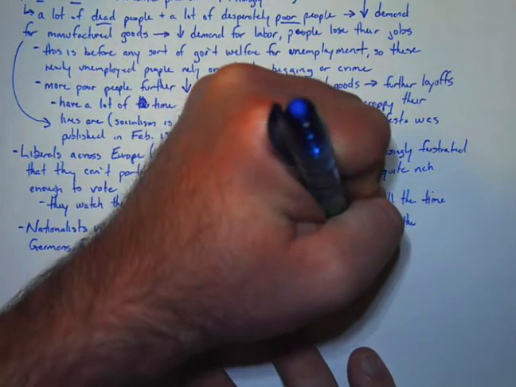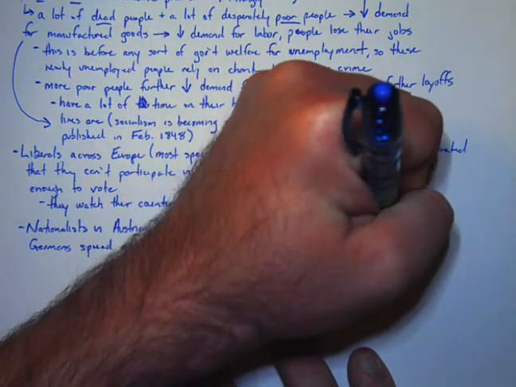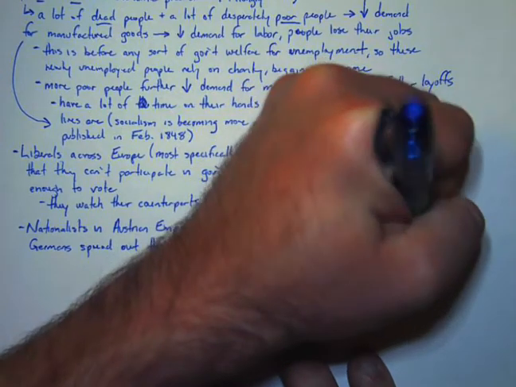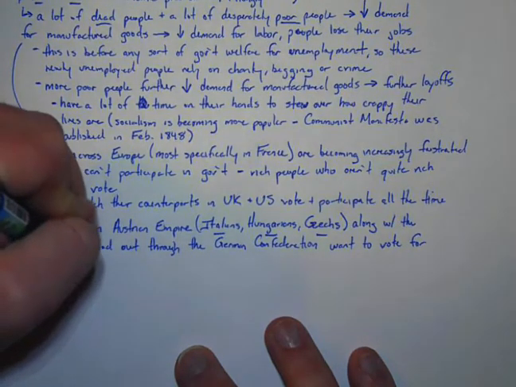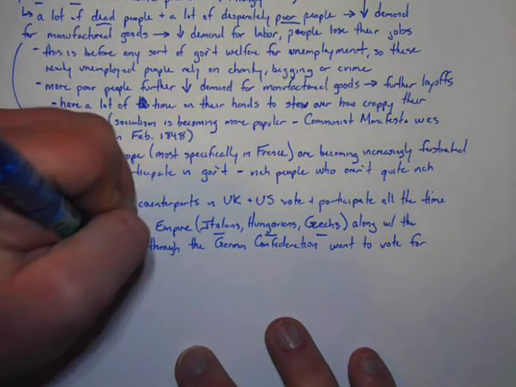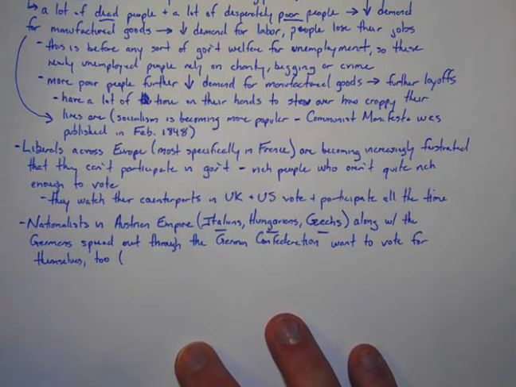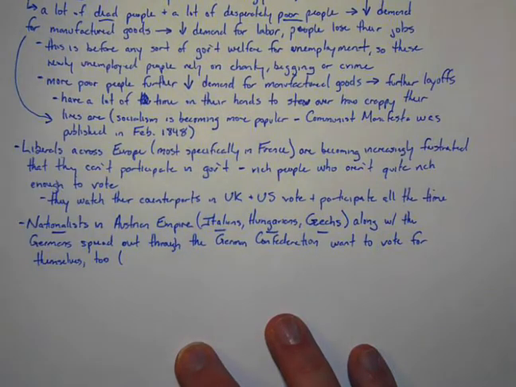They all want to vote for themselves as well. And so, in this sense, the nationalists in the Austrian Empire and in the German Confederation have the same interests as the liberals in France.